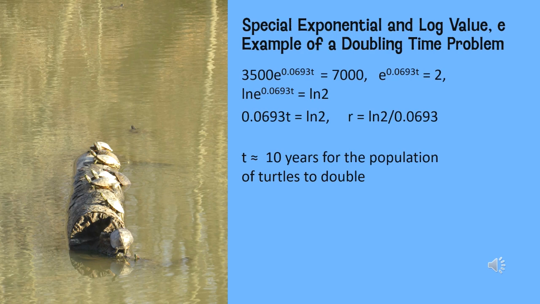So the very first step, work from the outside in, is to divide by 3,500 to cancel out the multiplying by 3,500, and we then get the simple exponential equation e to the 0.0693 times t equals 2, because 7,000 divided by 3,500 is 2.